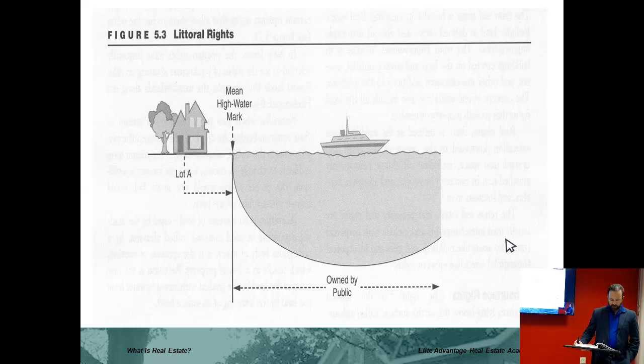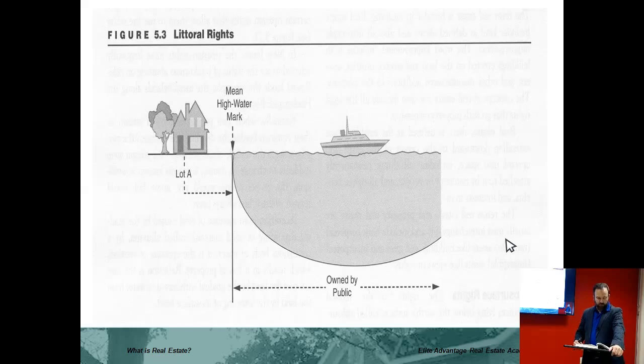So the mean high water mark ends at the end of the property, so much so that the body of water is owned by the public and it is navigable. So we can't confuse it with, say, the Delaware River, where you can get ships up and down the river. That's a large river, very, very large, a mile across in some spots, and very deep.